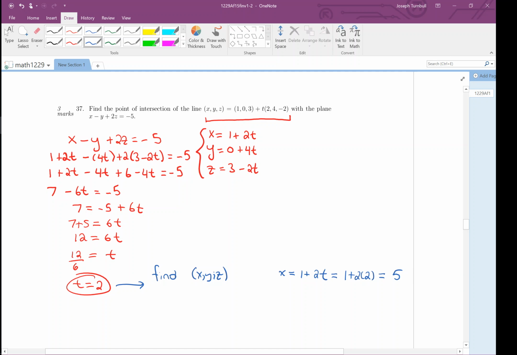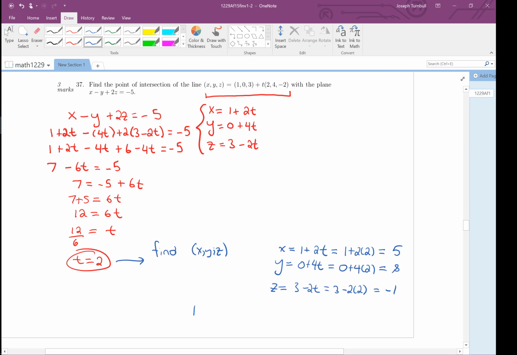Now y is equal to 0 plus 4 times t. So that's 0 plus 4 times 2, which is 8. And then the last one, z is equal to 3 minus 2t. That's 3 minus 2 times 2. 3 minus 4, negative 1.